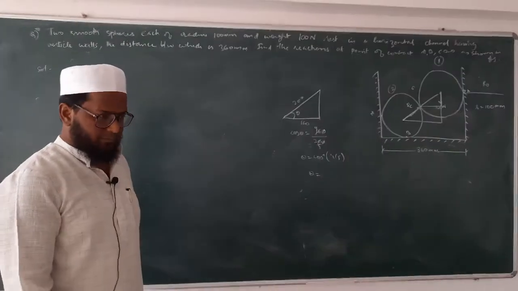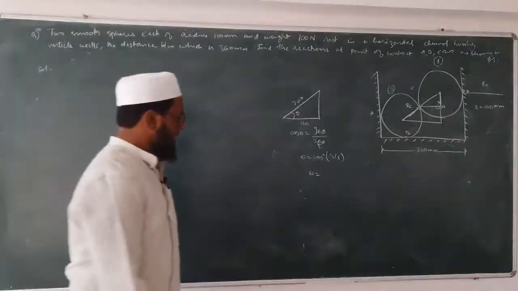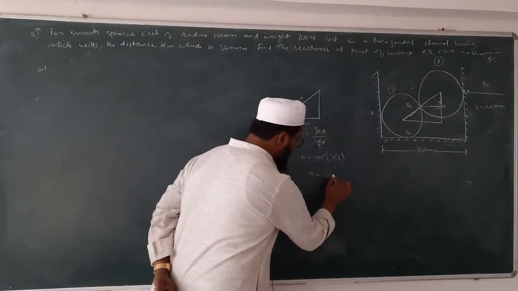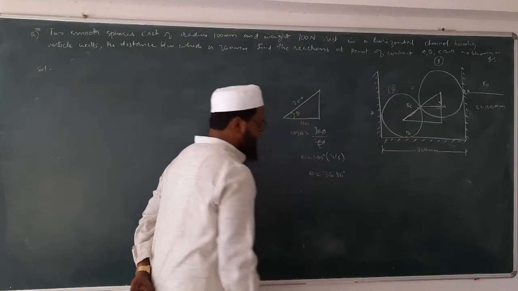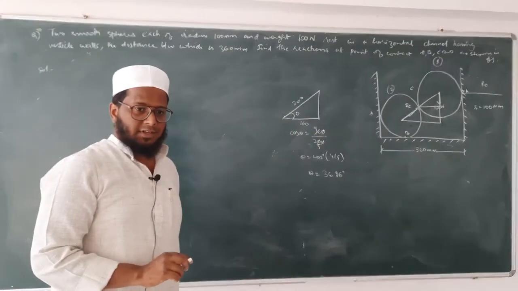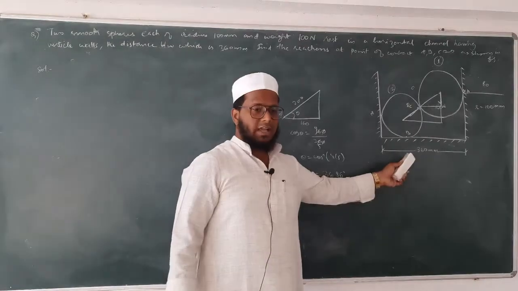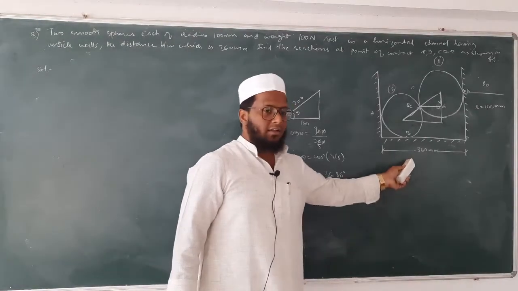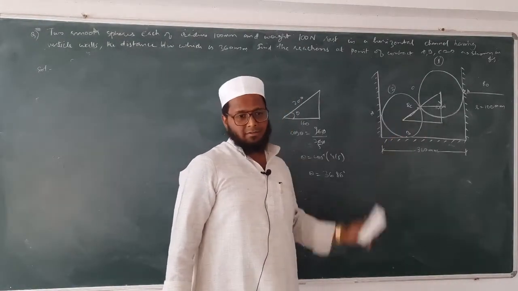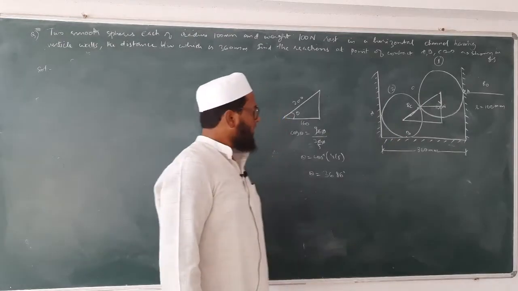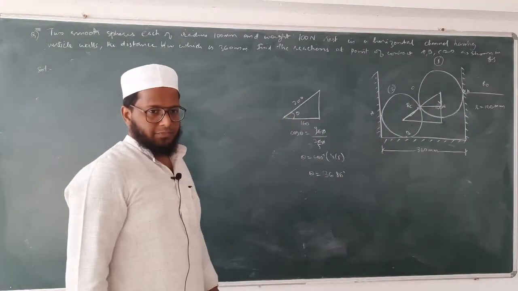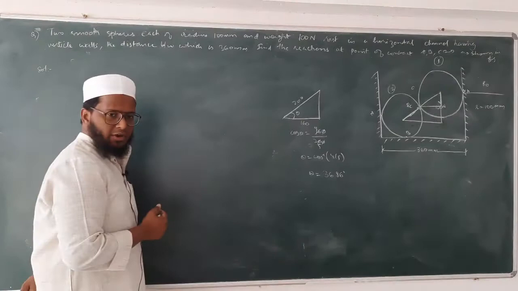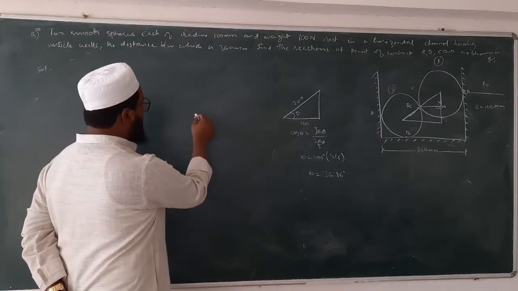How much? 36.86 degrees. So the radius and this distance are actually given to us to calculate the angle of reaction C. Okay, understood? Now I will draw the free body diagram of this figure 1.